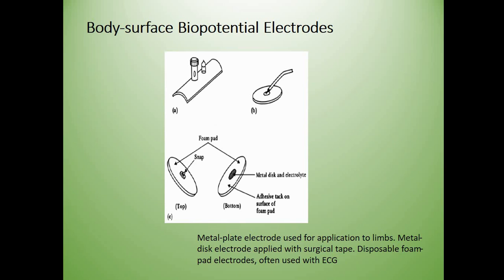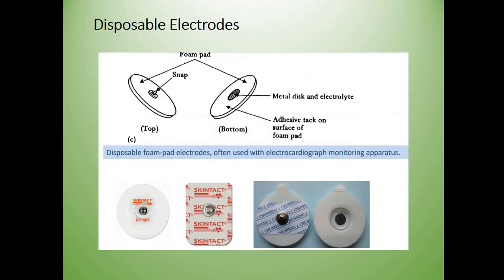These type of electrodes are used for the application to the limbs. They are available in the disposable type of foam pad electrodes, which are often used for the capturing of electrocardiograph signal. So the different types of disposable electrodes.